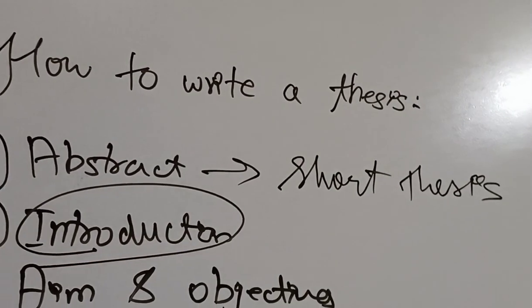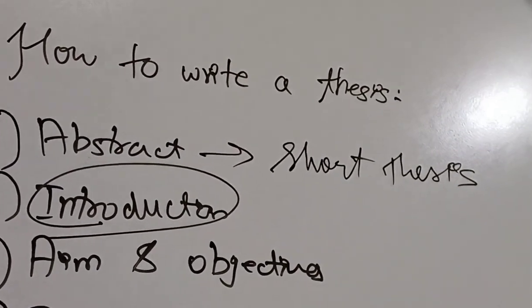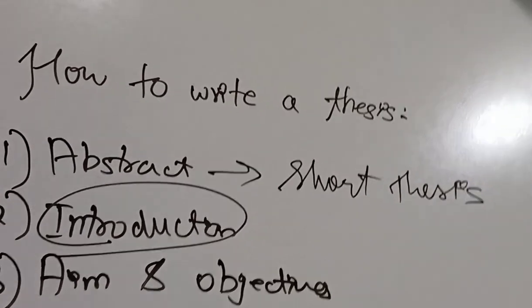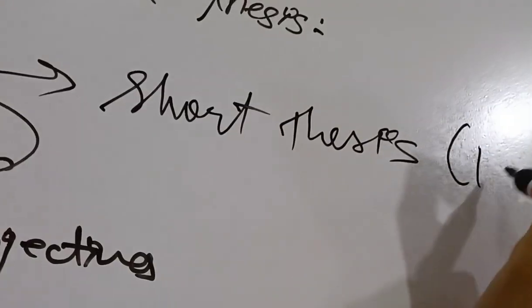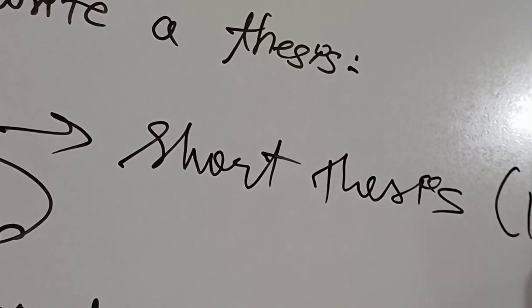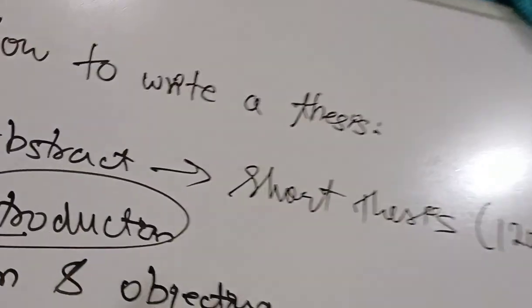Then you will get the perfect idea of what your result was, and everything you should include. It should be around 120 to 180 words probably, or 200 words if you want, not more than that.